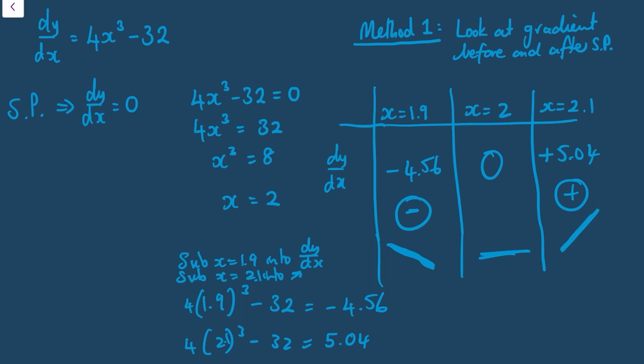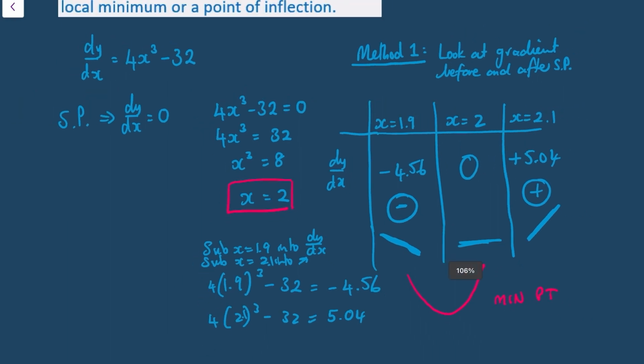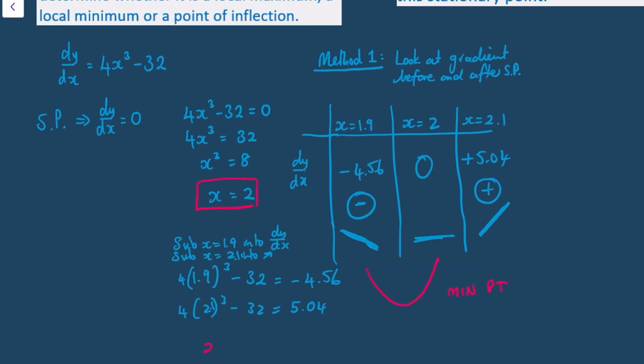So that means I have a minimum point around 2. So I found that for x equal 2 I have a stationary point. I've just determined it's a minimum point. If I had to find the entire point, I still need to find the y value.